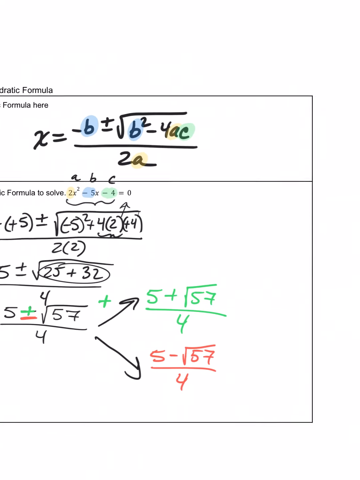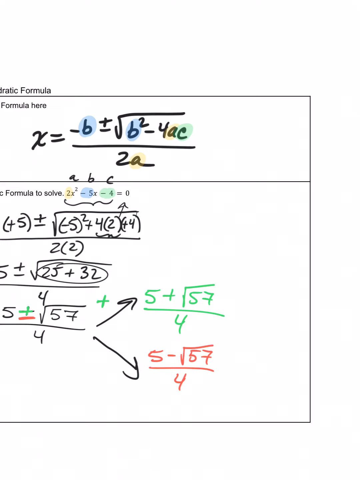Now what you're going to do is evaluate these with your calculator. These are not rational, they're irrational. The reason is that the square root of 57 is not a perfect square. If you have a square where the area is 57, there's no x value where x squared is equal to 57 and x is an integer.